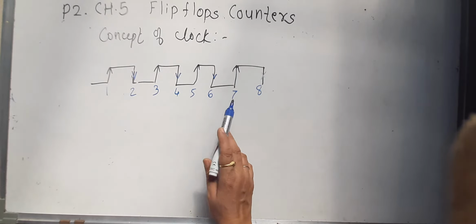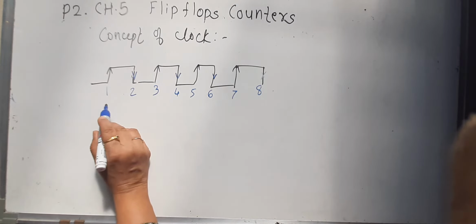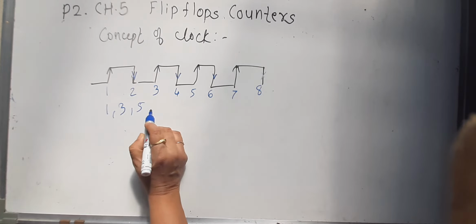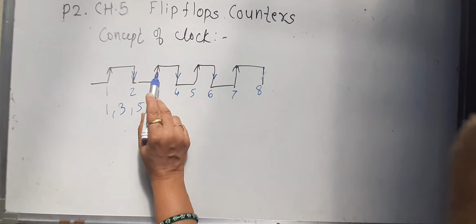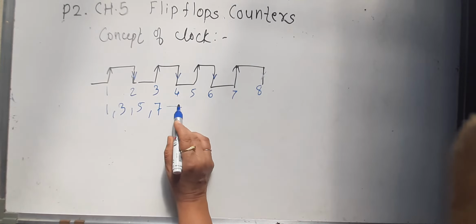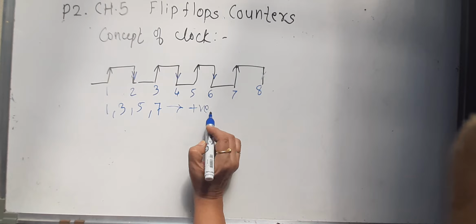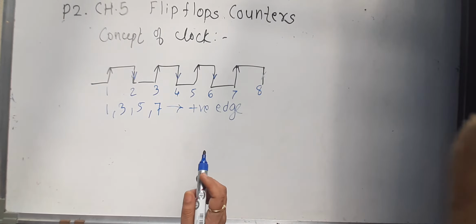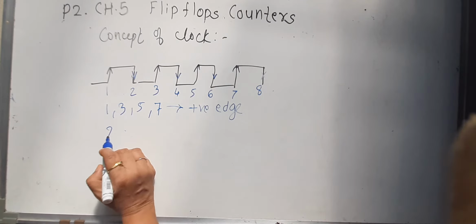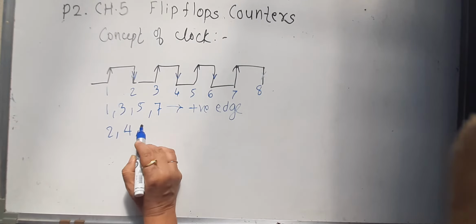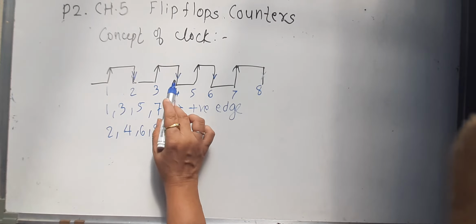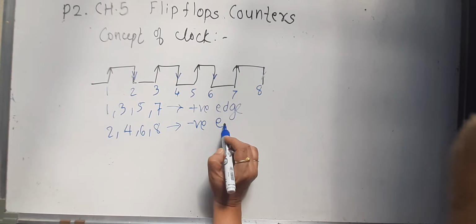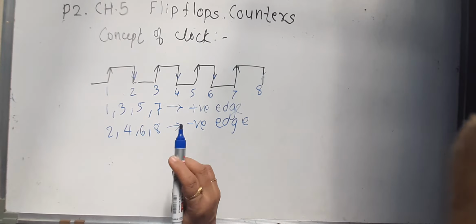Here we can see the clock signal. 1, 3, 5, 7 are known as the positive going edge of the clock pulse, the positive edge. And 2, 4, 6, 8 are the negative edge of the clock pulse.